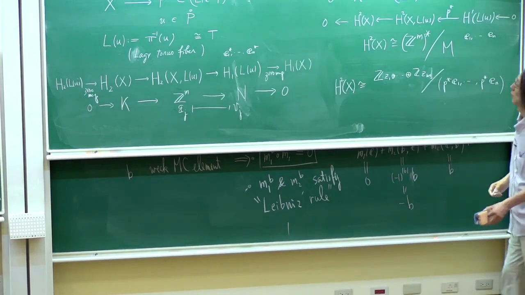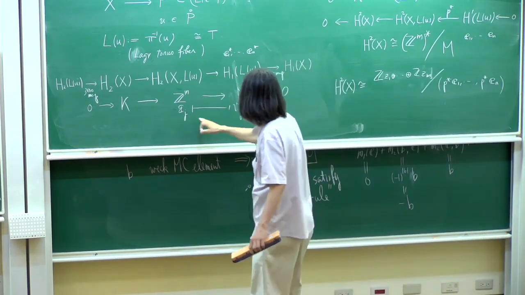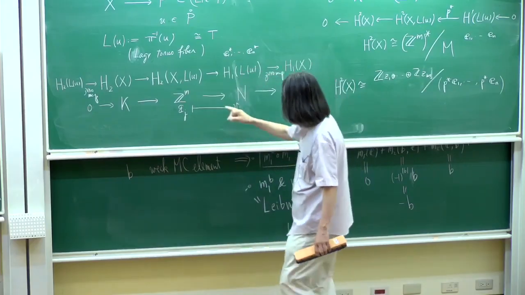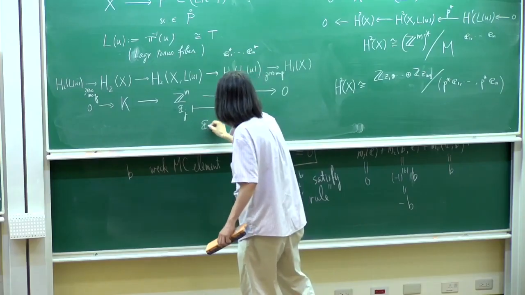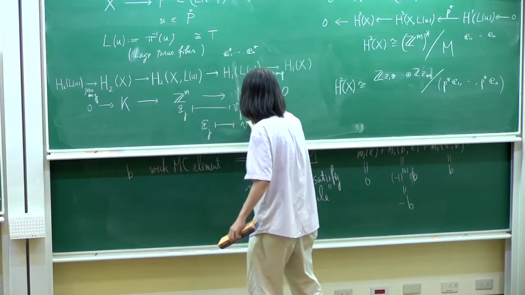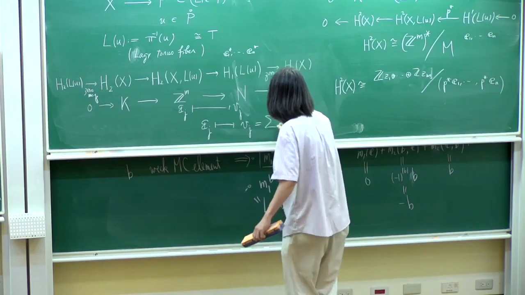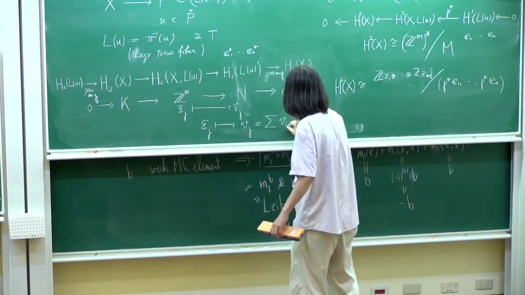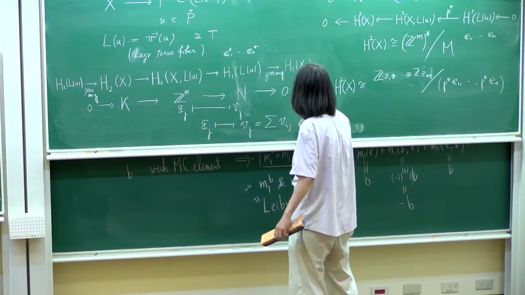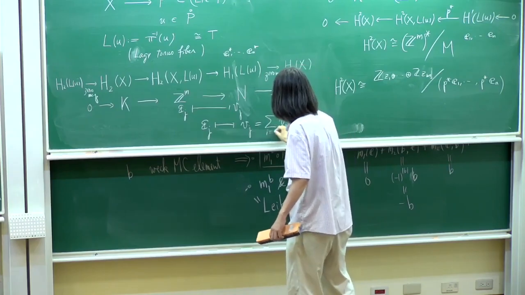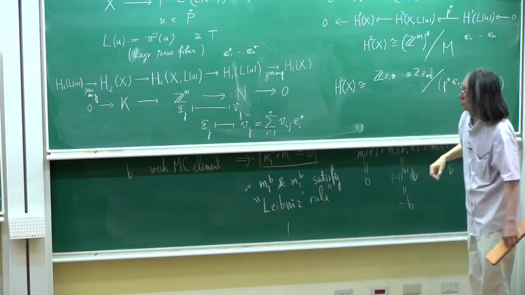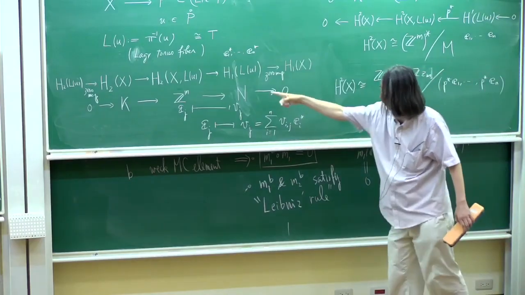Okay. But so now I just write this map, right? So this epsilon j going to this vj, and then I just write it as vij of ei star or something. So here I have vij.